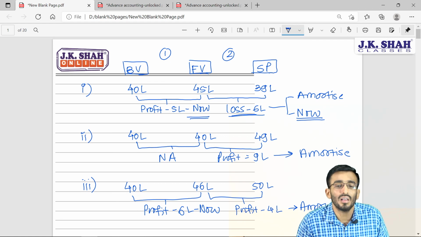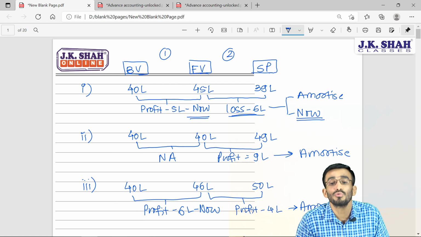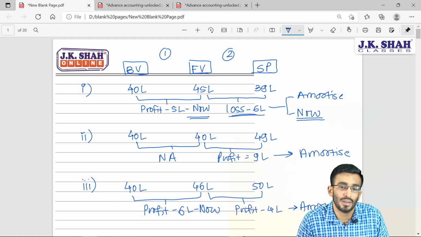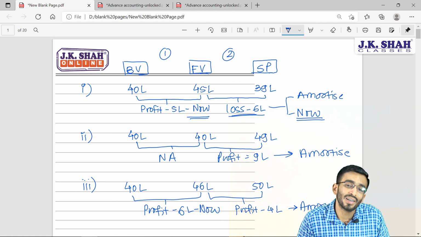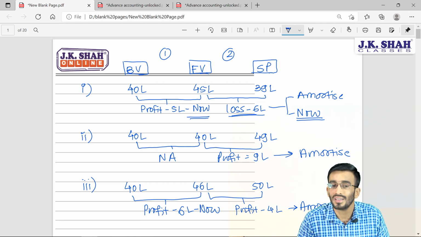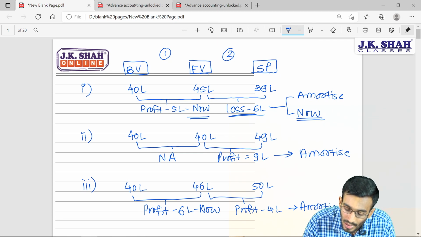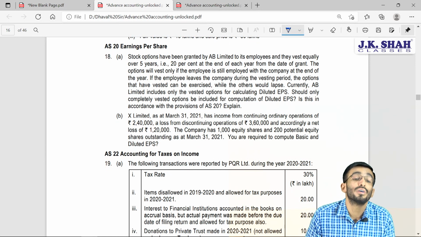The lessor will charge higher lease rental as compared to the normal lease rental which he should have charged. So definitely in that case you have to amortize that profit. But in case of loss, there are two options. If loss is going to be compensated by reduction in future lease rental, then amortize that loss, else please recognize that loss immediately.